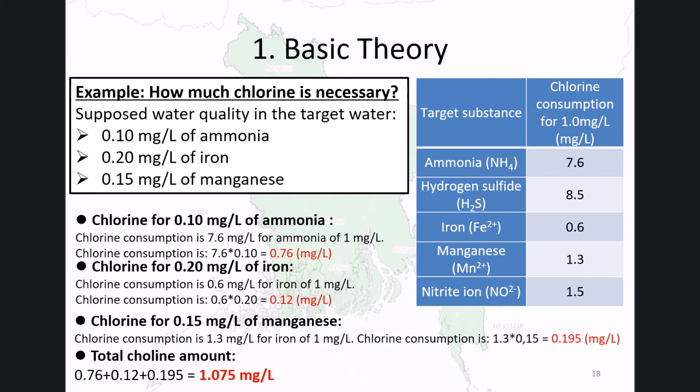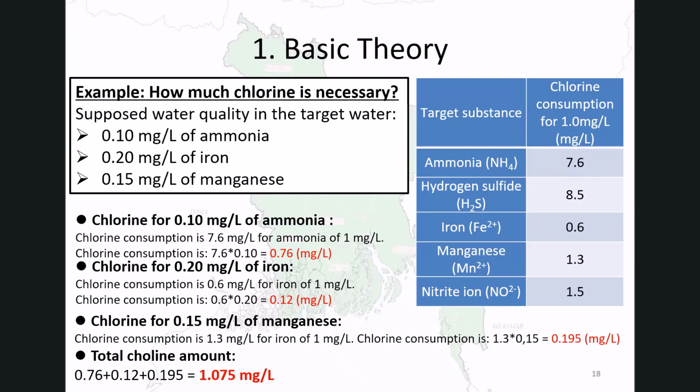Here is an example which is showing how to calculate the necessary chlorine dosage based on raw water quality. Suppose the water contains 0.10 mg per liter of ammonia, 0.20 mg per liter of iron, and 0.15 mg per liter of manganese.